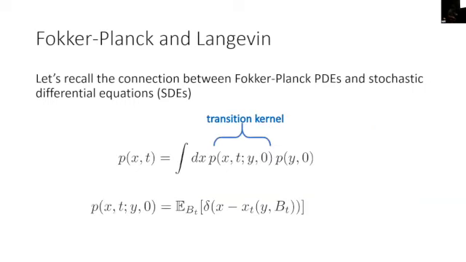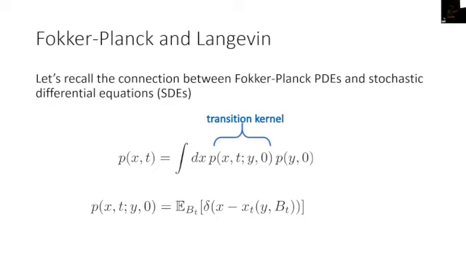The way you go from the stochastic differential equation to the PDE is that you need to figure out, if your probability density is concentrated at one point at some time, which means you know where the particle is, where it could go. That's computed by this quantity on the bottom, which is the kernel of this linear PDE.